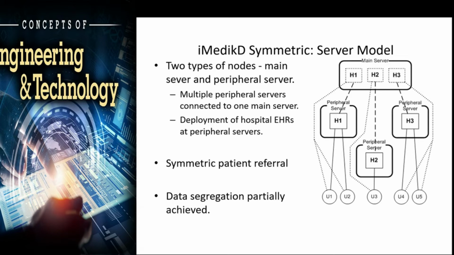We can have referral systems also; the patient referrals take place here. The very important thing is that data segregation is partially achieved here, so that whenever it's needed we'll be collecting it.